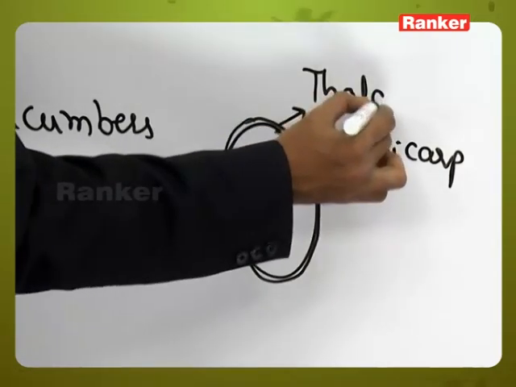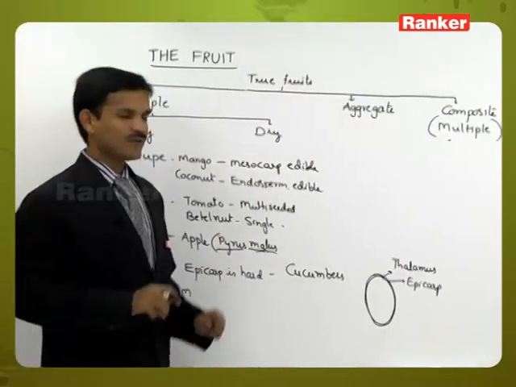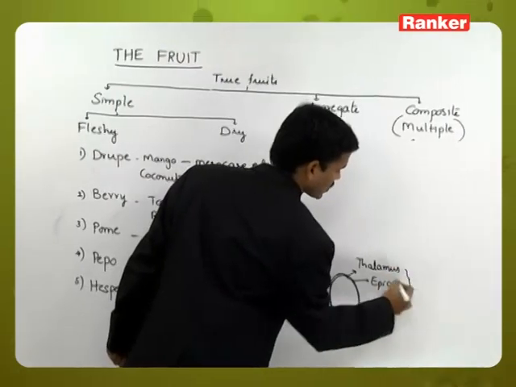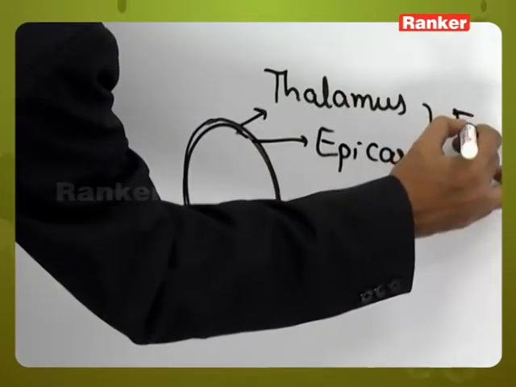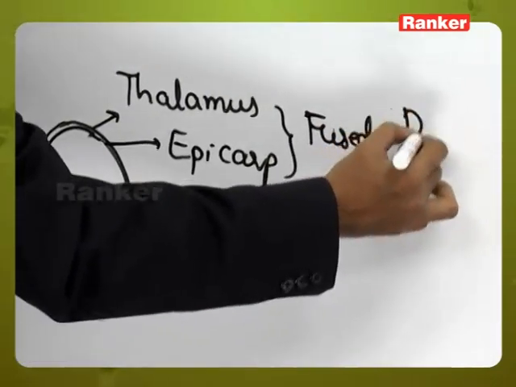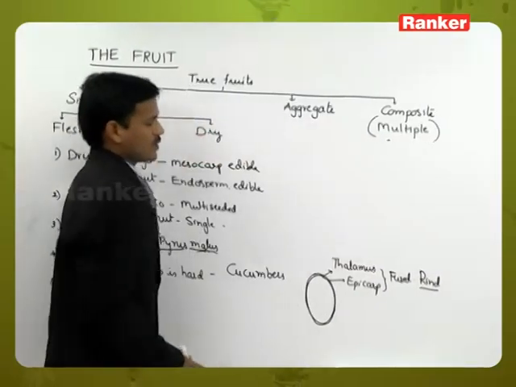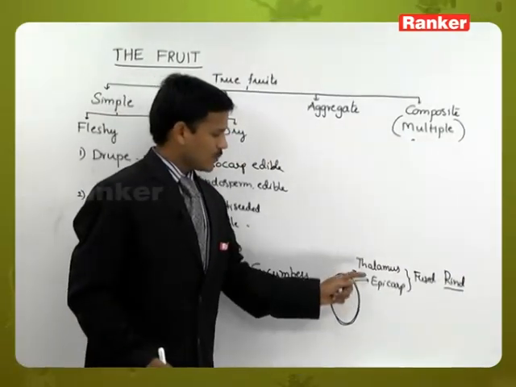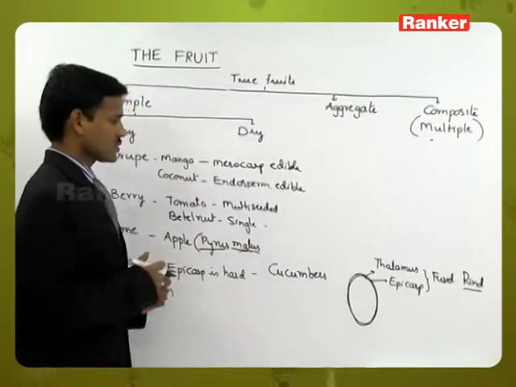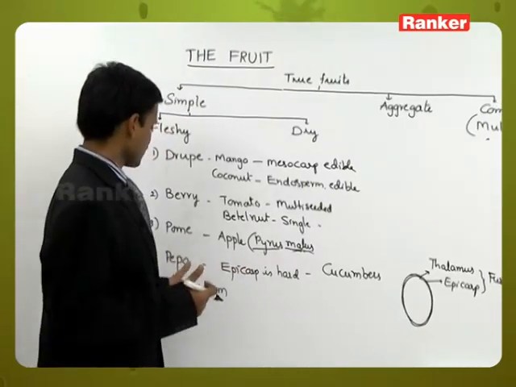Like in apple, the thalamus covers the ovary and is fleshy, storing food material. But in pepo, a thin thalamus is present, and the thalamus is fused with the epicarp, forming a hard structure called the rind. Thalamus and epicarp both fuse to form the rind. The rind is a hard structure, so generally we eat pepo fruits only after peeling it off.